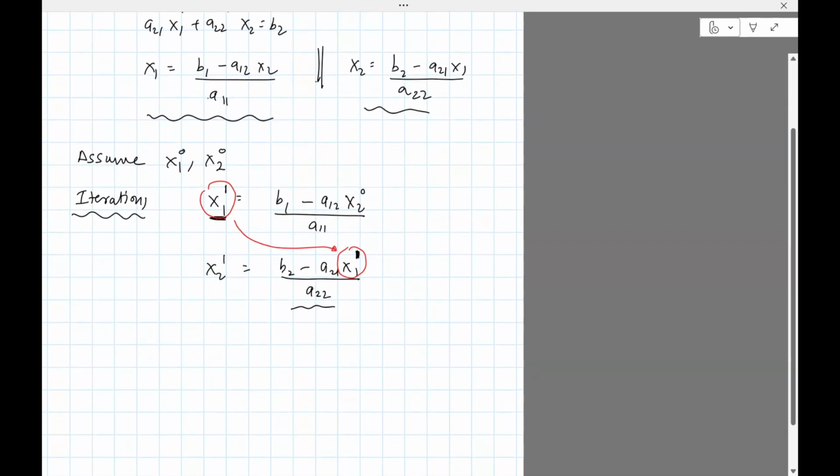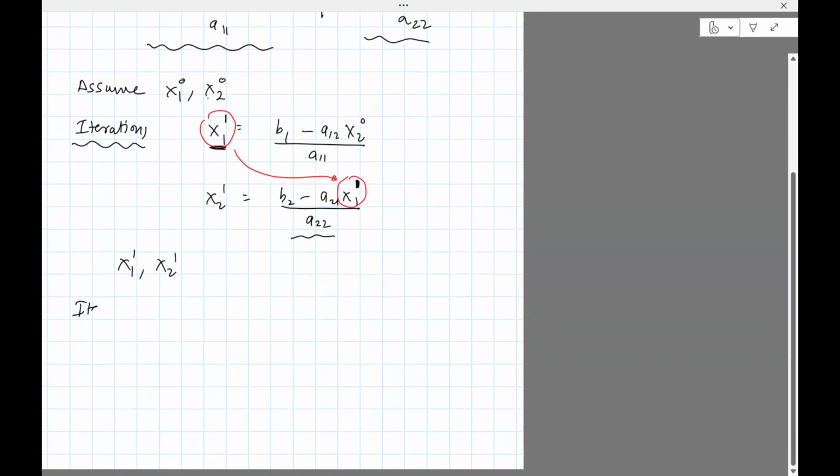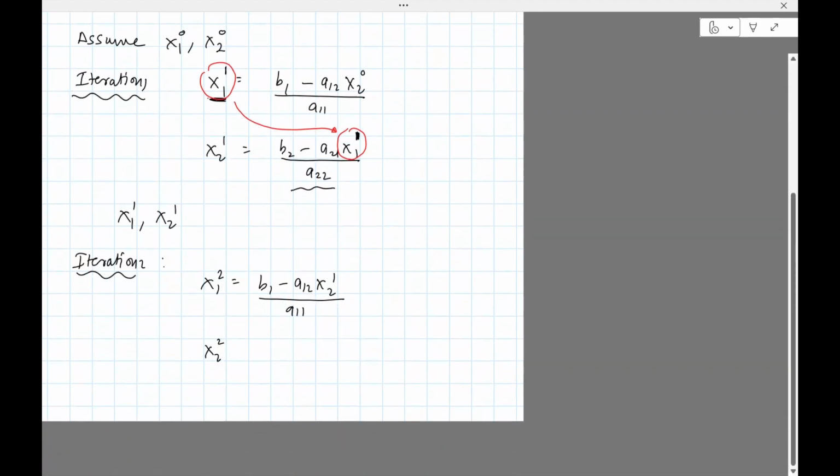So from iteration 1, we got x1 superscript 1, x2 superscript 1. For iteration 2, we do the same thing. We first solve for x1 iteration 2 as b1 minus a12 x2 iteration 1, divided by a11. And x2 iteration 2 is b2 minus a21 x1, but from iteration 2, this is this one, x1 from iteration 2.